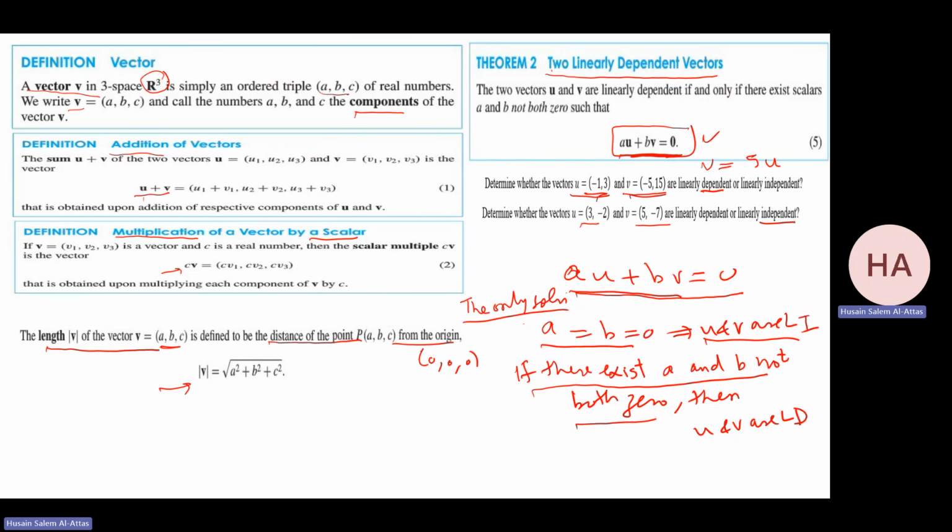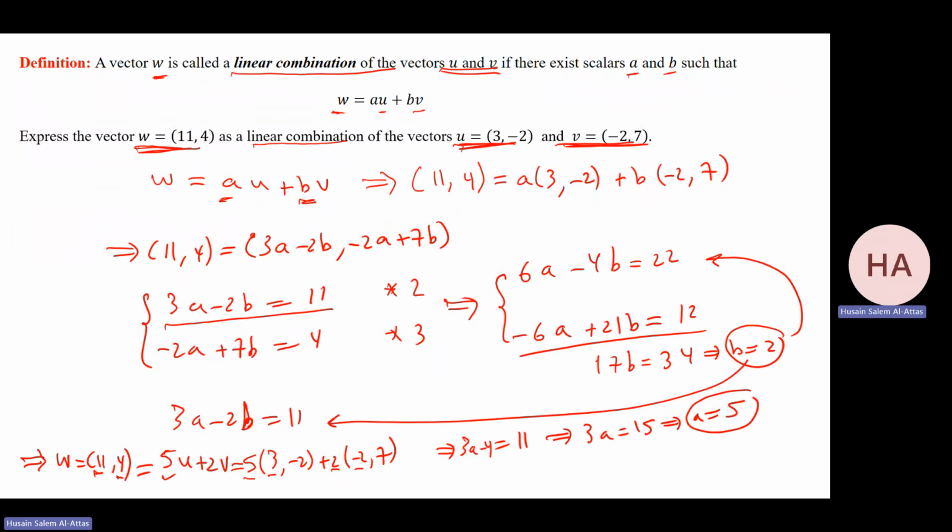If I can find A and B not both 0, then they are linearly dependent. And also, with this, I have this idea how to say a vector is a linear combination of other vectors. I can find A and B such that AU plus BV is equal to W.